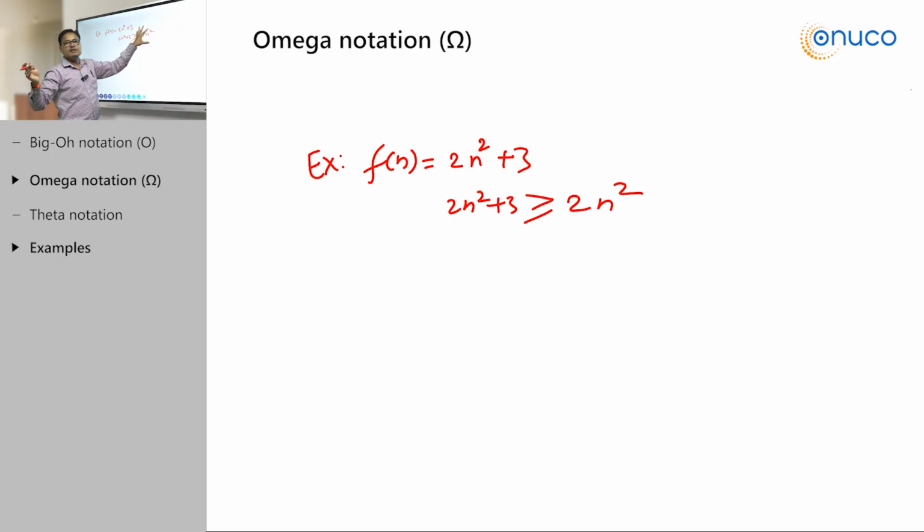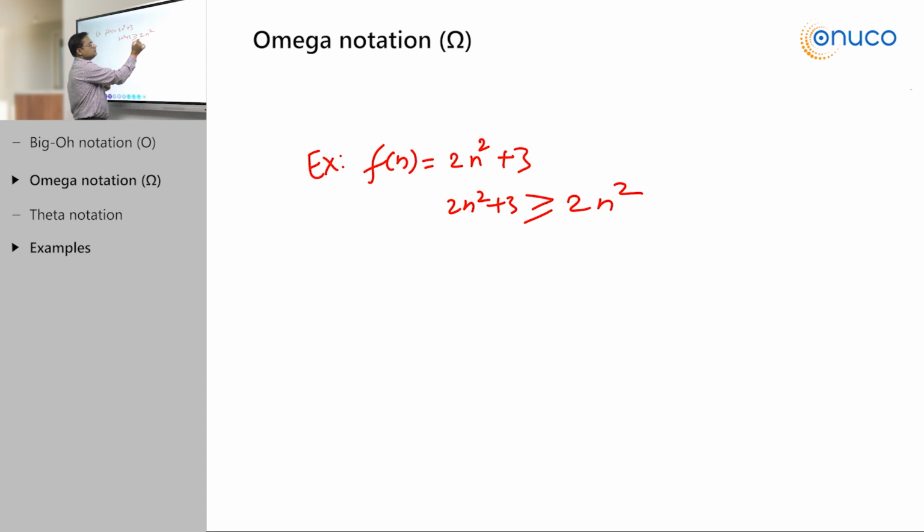So we are going to simplify like that. It must fall in one of the basic efficiency classes. We have written 2n square plus 3 greater than or equal to 2n square, but we need to justify it for what values of n. We need to find out n naught values.